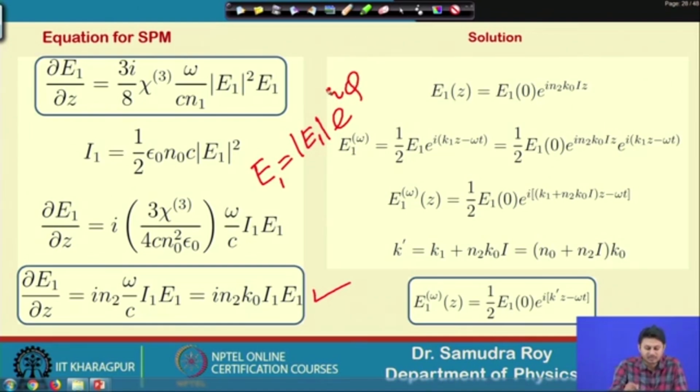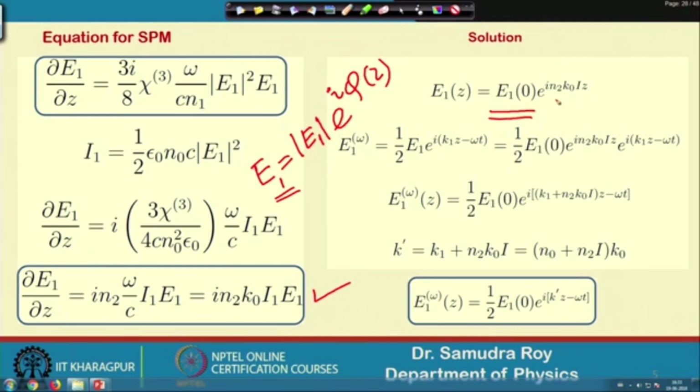So one way is to do this problem by putting amplitude and phase part and separating them out, and then find out the solution of E1 and phi, that we have done in the previous way, or you can directly find out E1 and put it here, and you will find that E1 is now having E1 0, the amplitude part, and the phase part, the solution part directly. In the previous calculation, we separately found the solution of phi by solving these two equations.